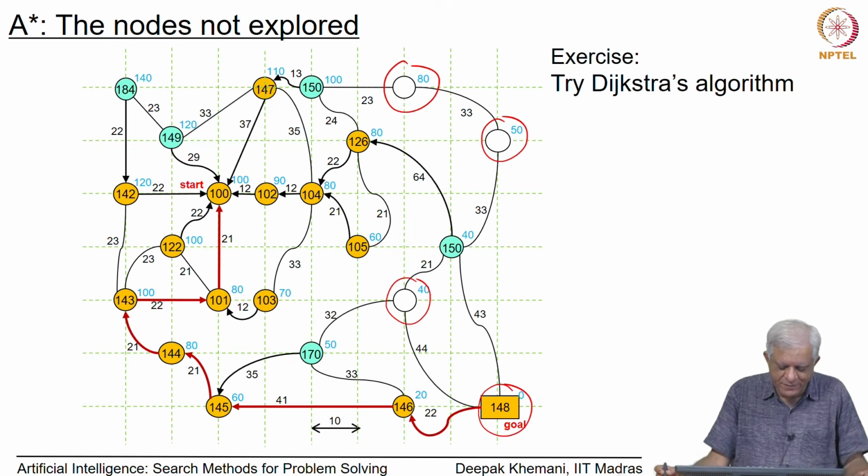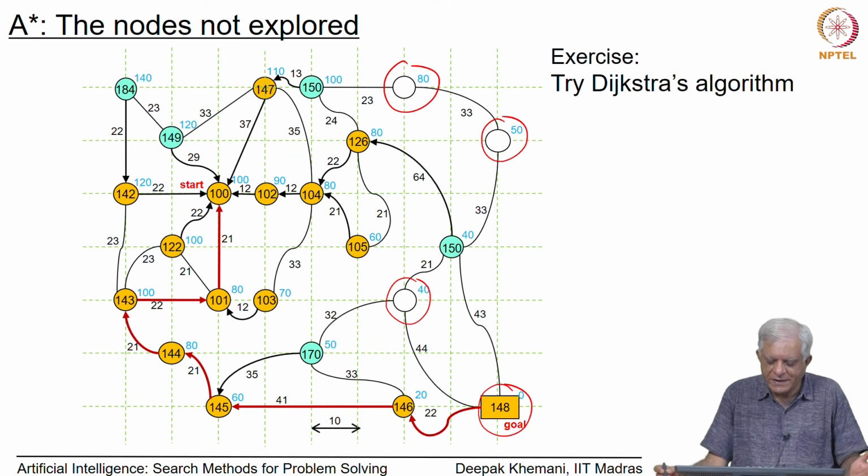In fact, the same path will be found by Dijkstra's algorithm, but it would do more work than A star, because it would explore some of those nodes which we have not explored using A star.